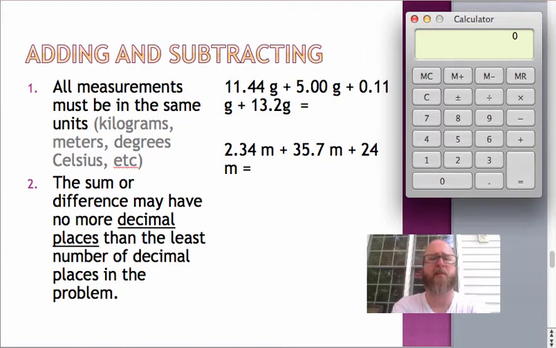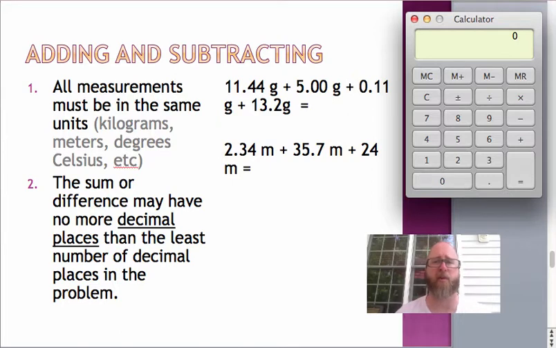Okay? So, as you can see, we're going to talk about adding and subtracting first. It's pretty easy once you get the hang of it. The idea here is that there's two rules. You have to make sure that all of your measurements are in the same units. So if one measurement is in grams, then they all have to be in grams.